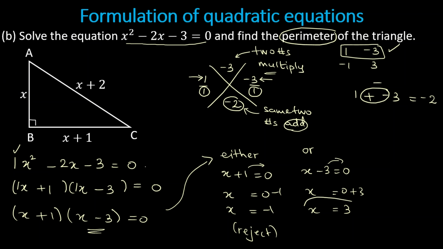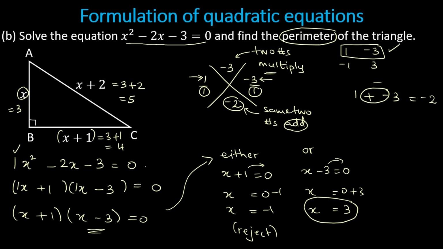The dimensions of the triangle become, here we have x, and x is 3. Here we have x plus 1, meaning 3 plus 1, which is 4. And AC, the length of AC is x plus 2, meaning 3 plus 2, which is 5.